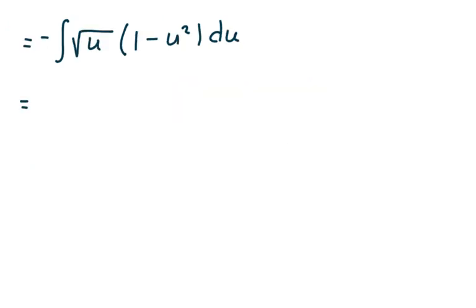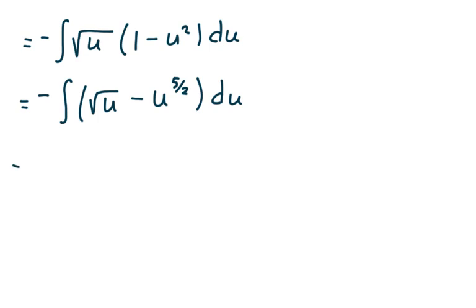And so from here, I get negative the integral of square root of u minus u, now the exponent is 2 plus a half, and that's 5 halves du. And so I'm going to distribute that negative in, and I'm going to write this as u to the 5 halves minus u to the 1 half du.